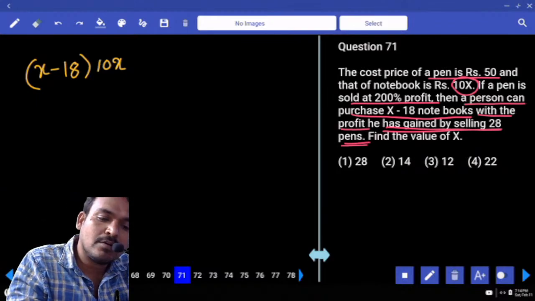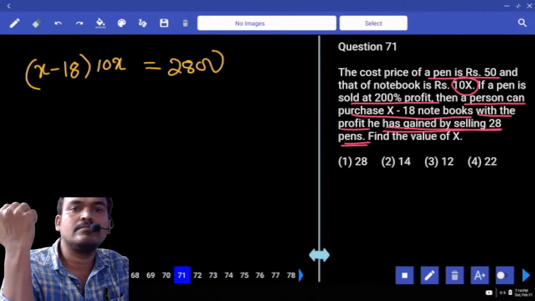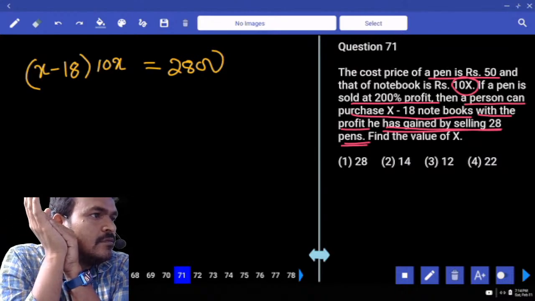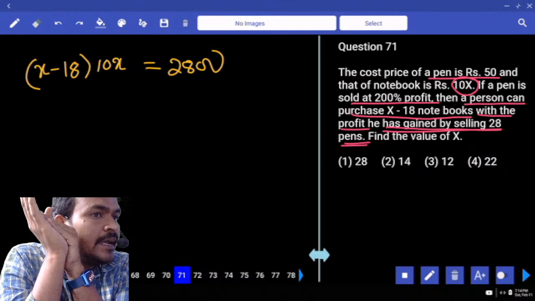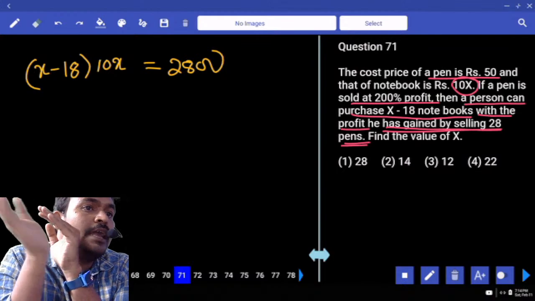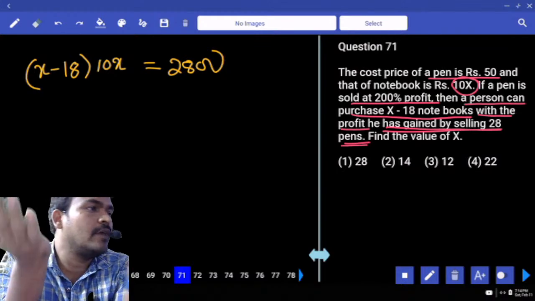What is the 28 pens profit? 2,800. What is the left hand side value? Cost price of x minus 18 notebooks. What is the right hand side value? Profit on selling 28 pens. Are those two equal or different?